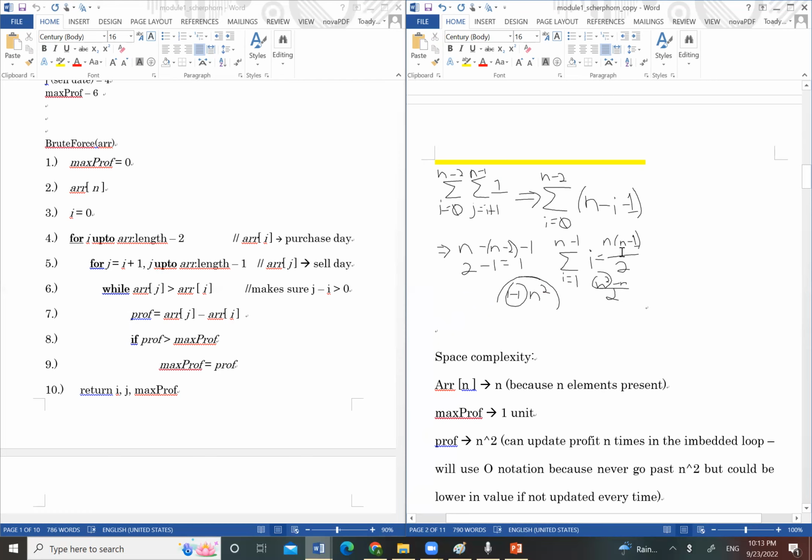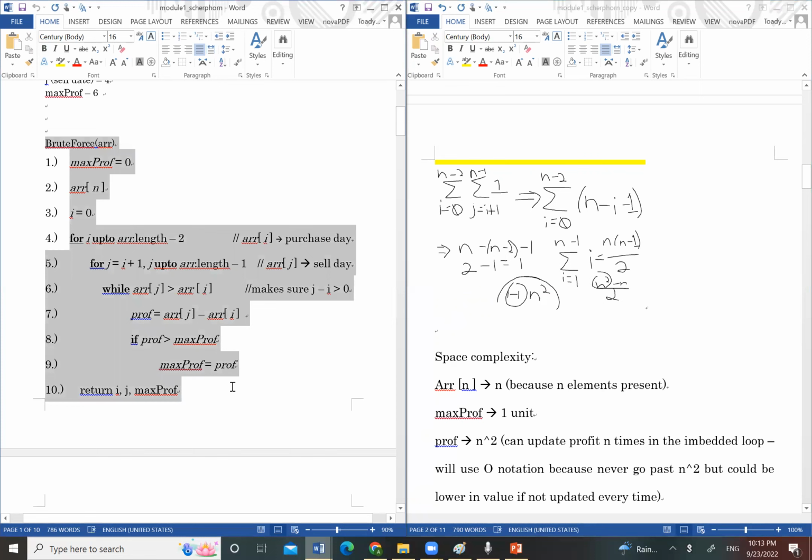If we do the math real quick, it's n squared minus n over 2, so it becomes theta of n squared, which is what was asked for in the beginning. So this follows.